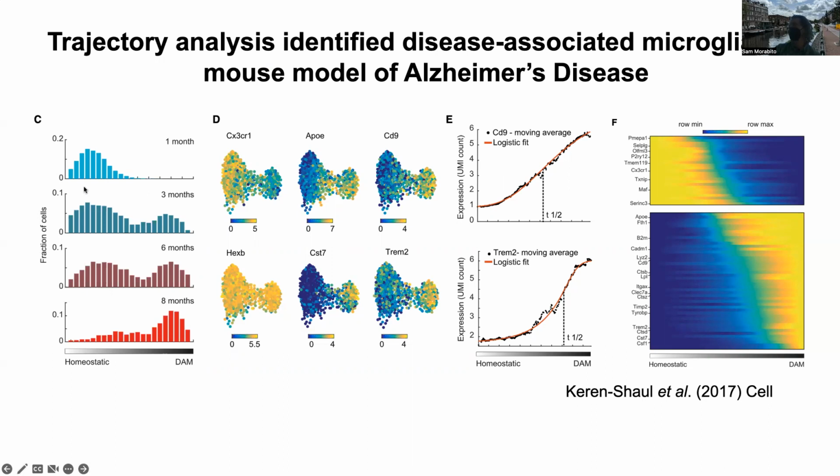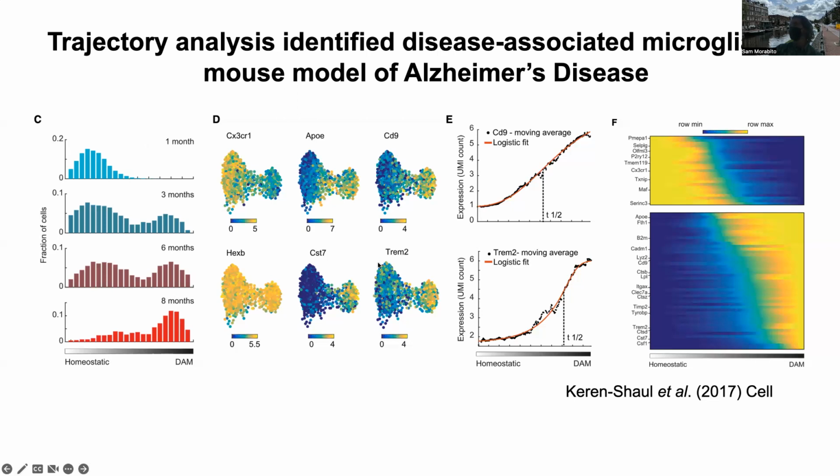On the left side, you can see histograms showing the fraction of cells at different points along pseudotime from 1 month, 3 months, 6 months, 8 months. For Alzheimer's, this is kind of the progression of the disease. As you get older, the disease gets worse, right? So the younger mouse is healthier, and that's where these microglia are, on the left side, whereas in the old mouse, all the microglia are on the right side.